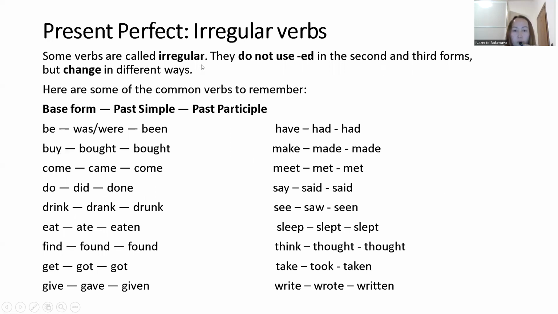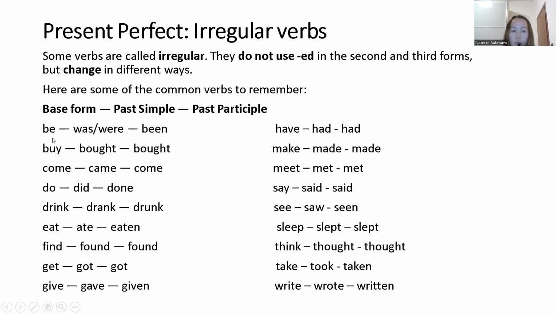What about irregular verbs? Some verbs are called irregular. They do not use the ending ed in the second and third forms, but change in different ways. Here are some of the common verbs that you have to remember, of course. In the first column you see the base form, the infinitive, in the second column the past simple, and the third column is the past participle.